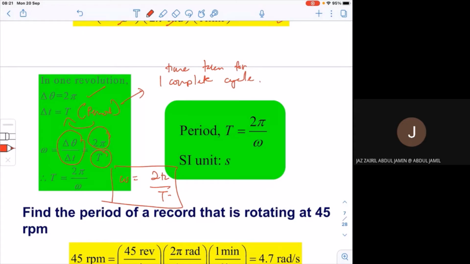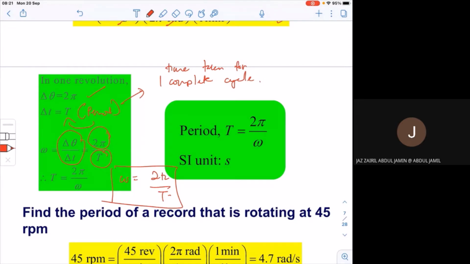One thing about this chapter is that it involves a lot of equations, but not all equations are given in the appendix. So sometimes you need to derive it.